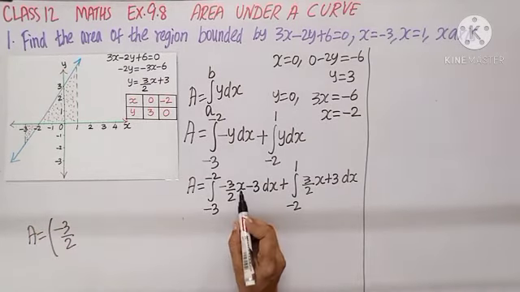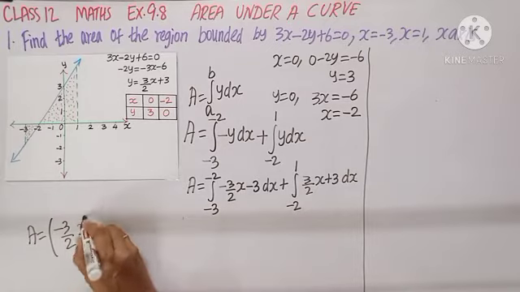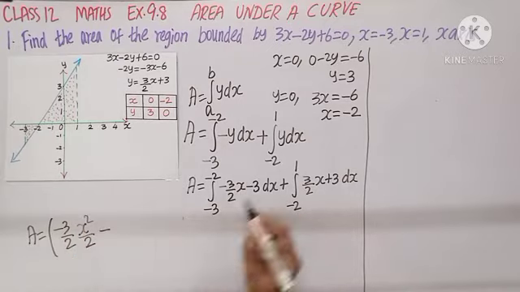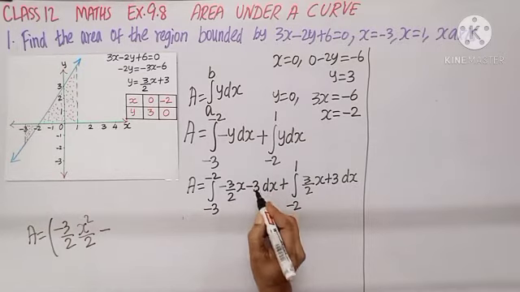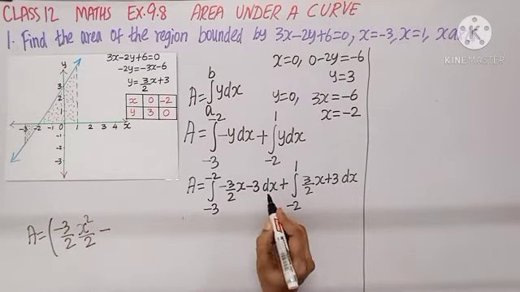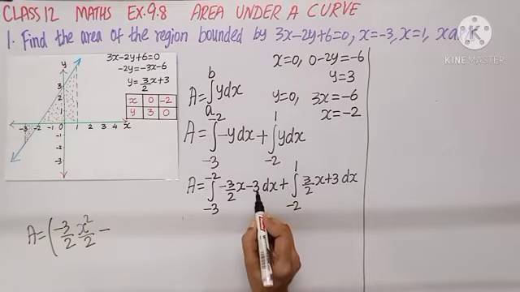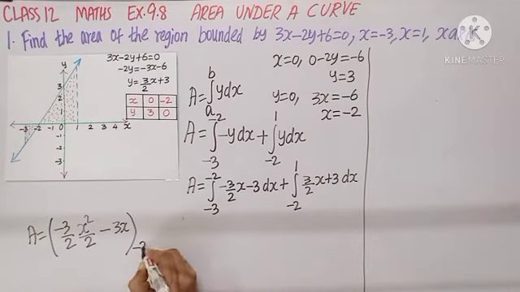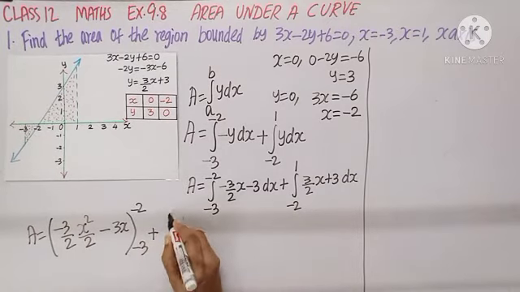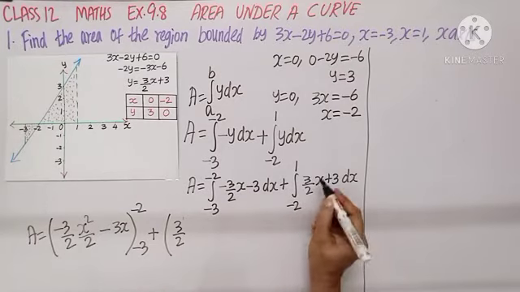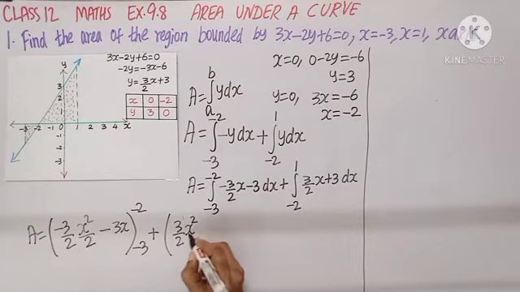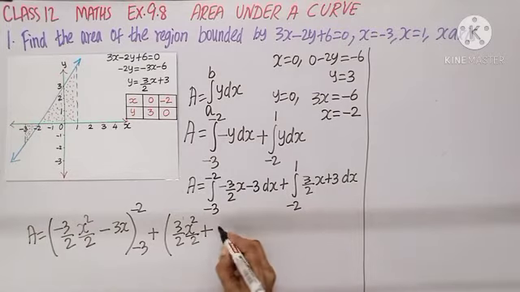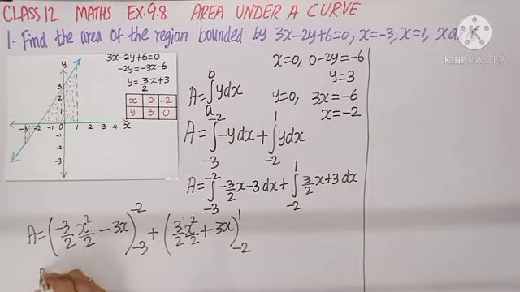Let us remember the formula. x becomes x square by 2, minus 3 is a constant, becomes 3x, between the limits minus 3 to minus 2, plus 3 by 2 into x becomes x square by 2, plus 3 becomes 3x, between the limits minus 2 to 1. As we simplify, minus 3 by 4.